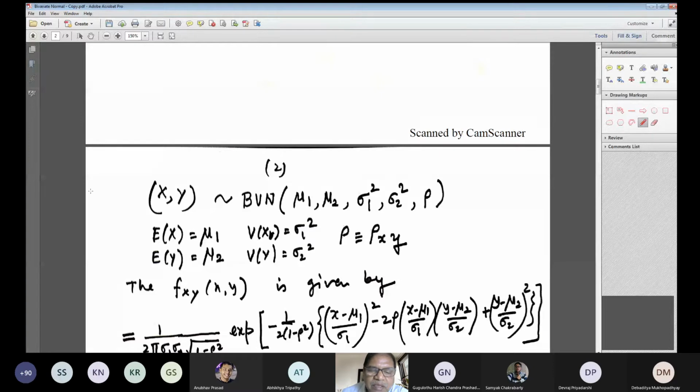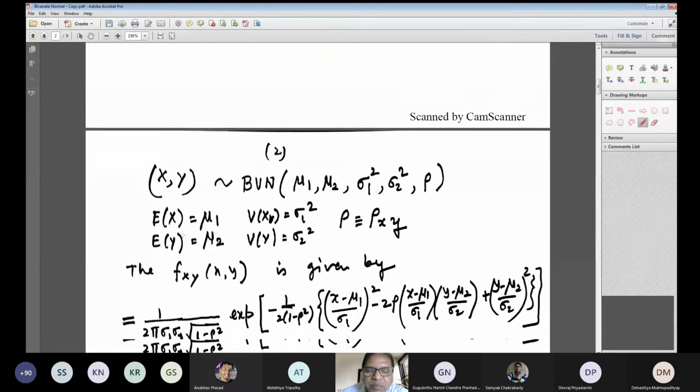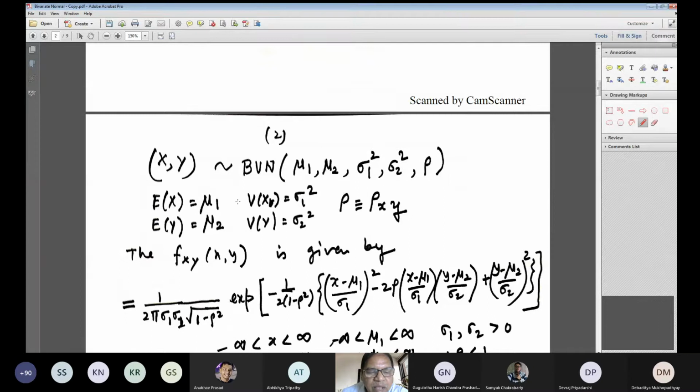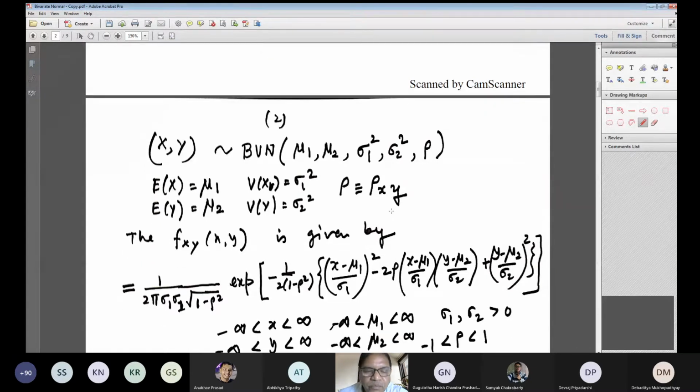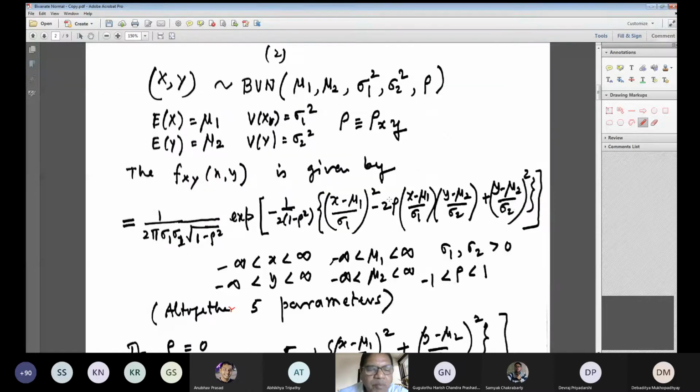Mu1 is the mean of the random variable x, mu2 is the mean of the random variable y, variance of the random variable x is sigma 1 square, variance of y is sigma 2 square, and rho measures the correlation coefficient between x and y.